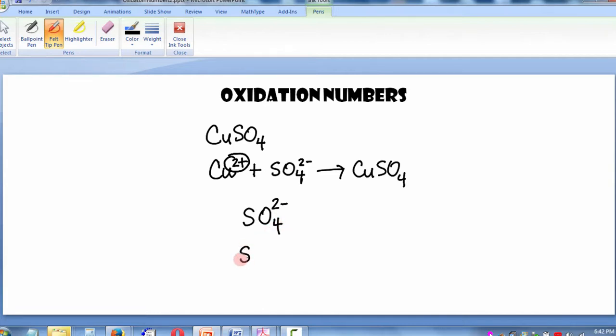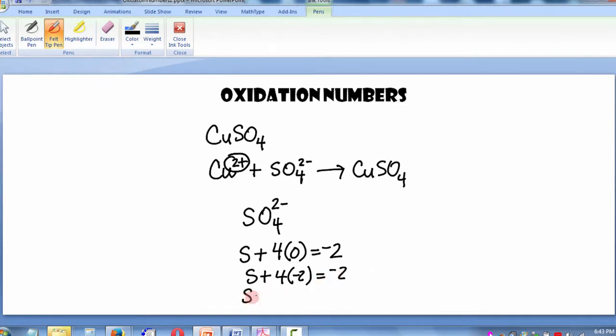So we have sulfur plus 4 oxygens equals a minus 2. So sulfur plus 4 times minus 2 equals minus 2.